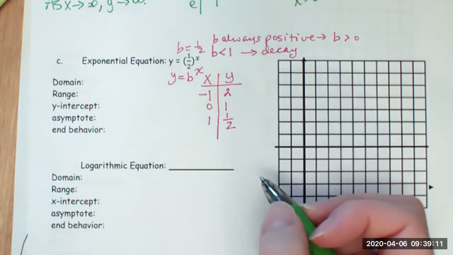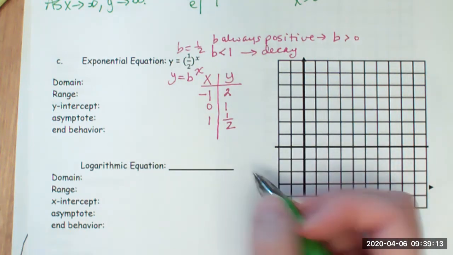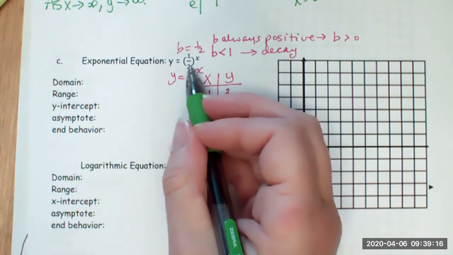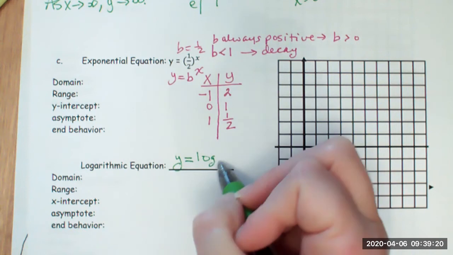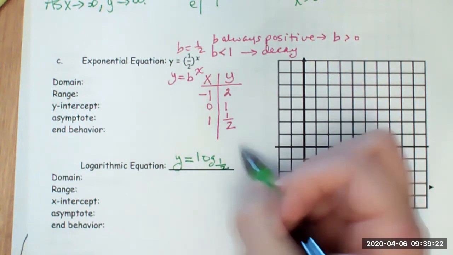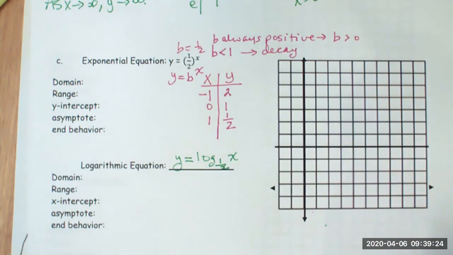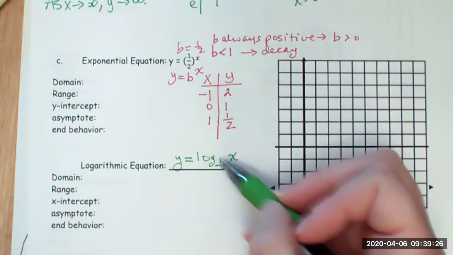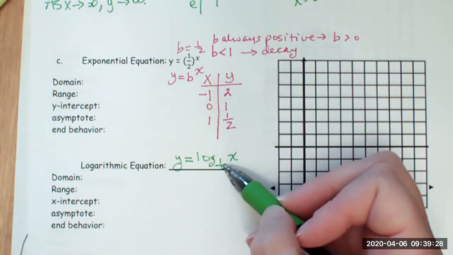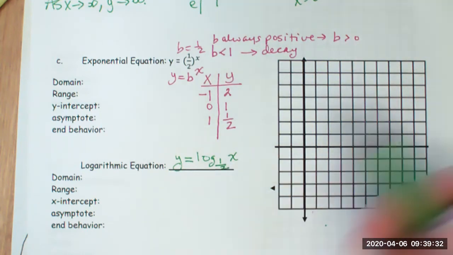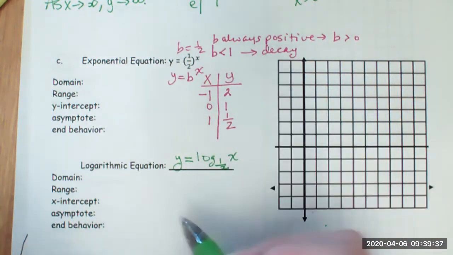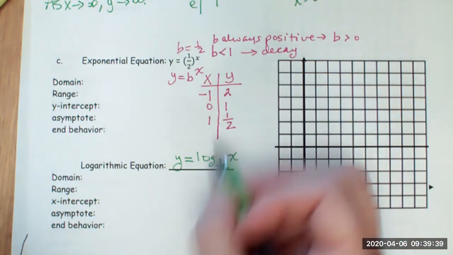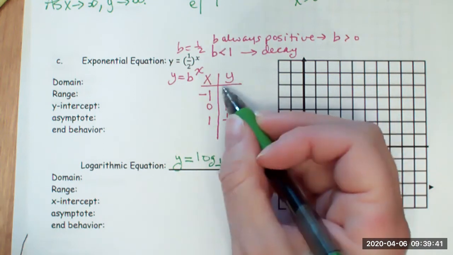We keep the same base, and we just say y equals log base 1/2 of x. Remember, you can have fractional bases for logarithmic functions. That's perfectly acceptable.